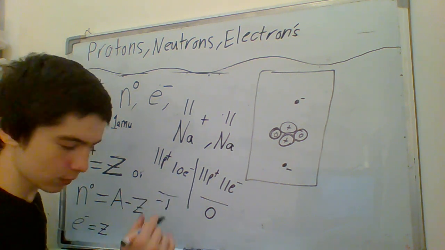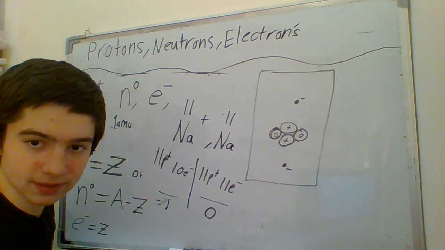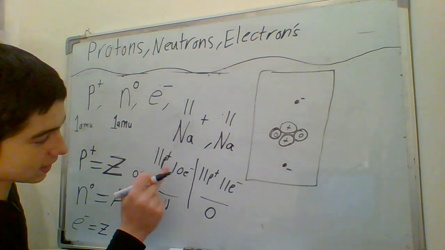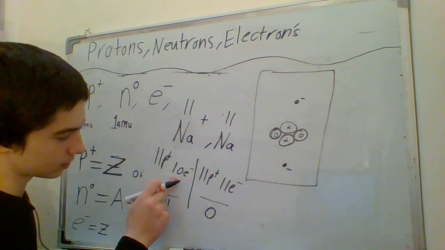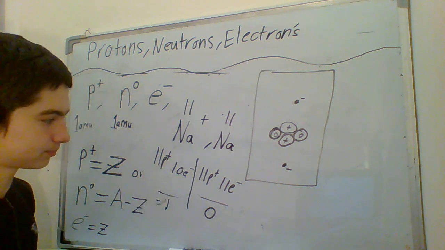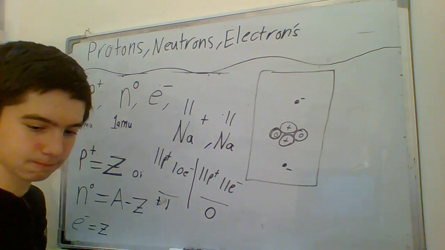So the sum won't equal plus 1, it will equal minus 1. So how can we solve that? Simply, we say that it has 11 protons and 10 electrons. Always subtract that number plus 1 from the number of electrons, and it will equal 10 minus. So the charge will be plus 1.